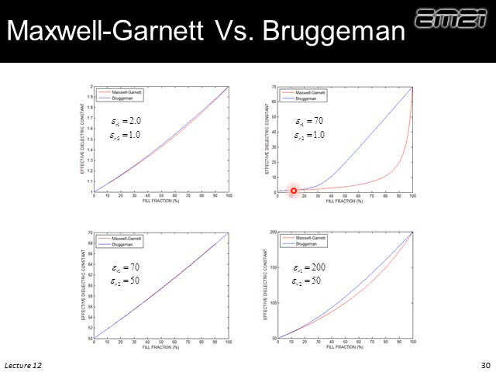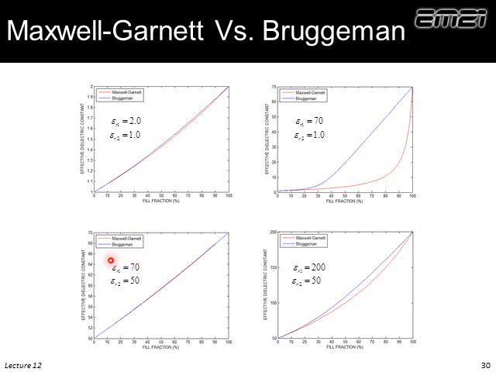Notice the Maxwell-Garnett is the lowest possible value, and the Bruggeman is the highest. Because remember, the Maxwell-Garnett assumes dilute media, so really out here, I wouldn't even say it's valid to use it out here. Whereas Bruggeman, we're more interested in this region. But we can see the difference, what the two models would give us.